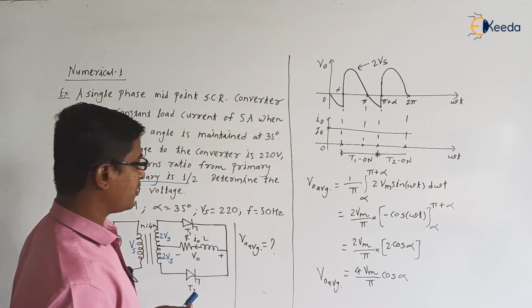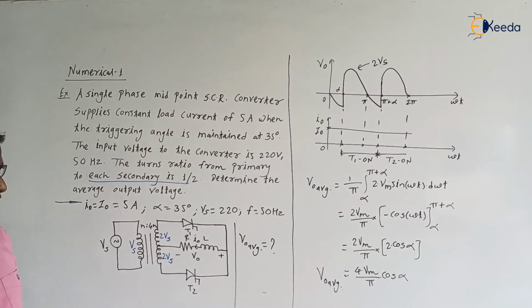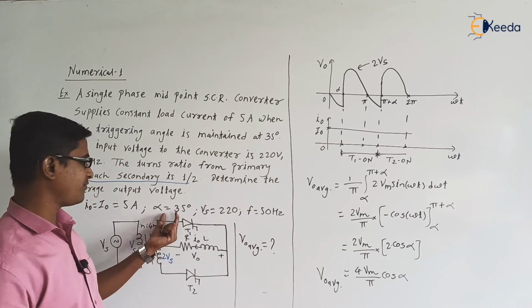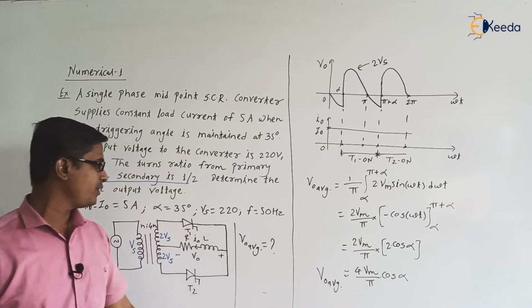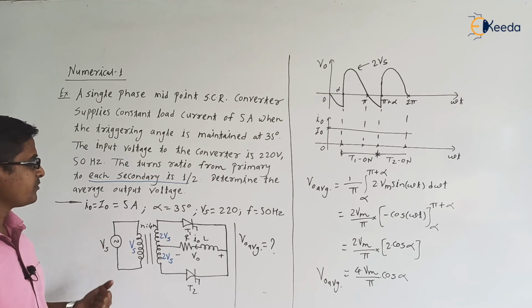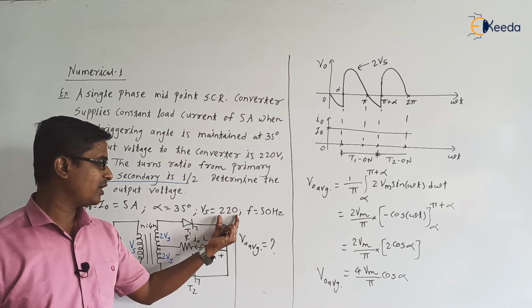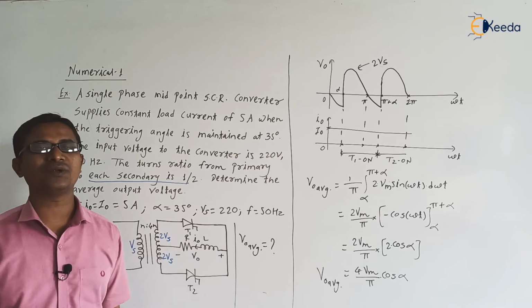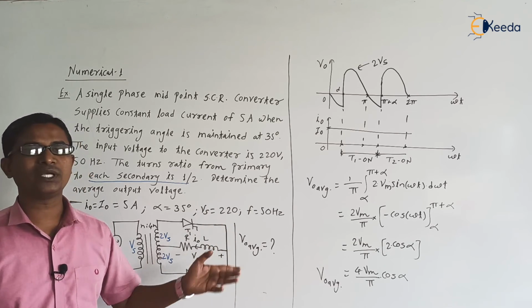In order to find V0 average, we need to find Vm and alpha. Alpha is given, alpha is 35 degree. Vm can be calculated from Vs. Vs is 220 volt, so Vm is 220 into root 2.